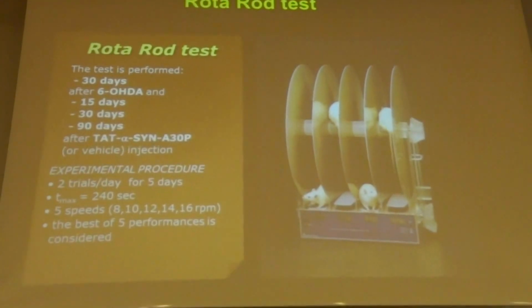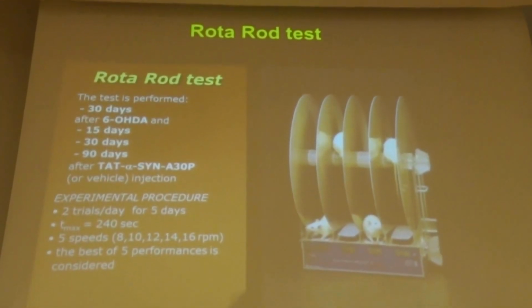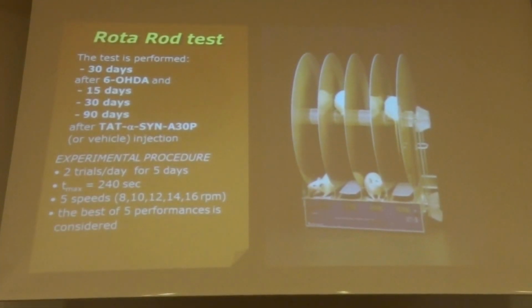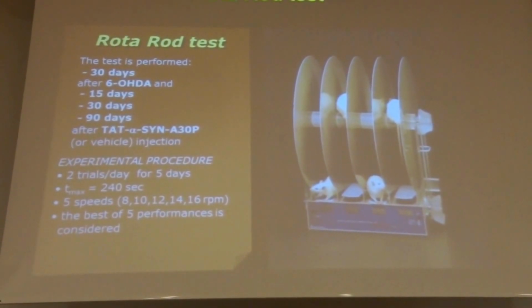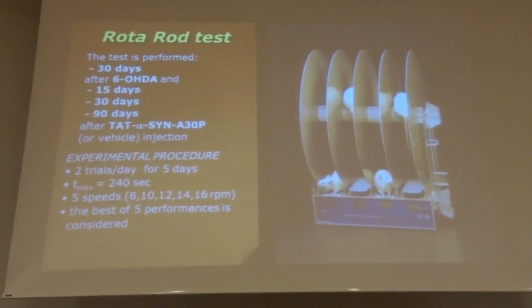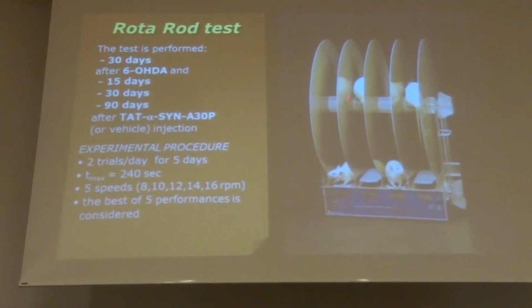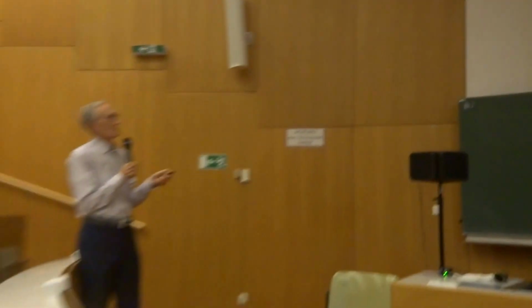So then we took these animals and looked at their behavior. This is called the rotarod, a classical example in which you put, these were rats by the way, not mice, on this device, and you can turn at various speeds and see how long it takes for them to fall off. So when they become neurologically impaired, they fall off more quickly at lower speeds.